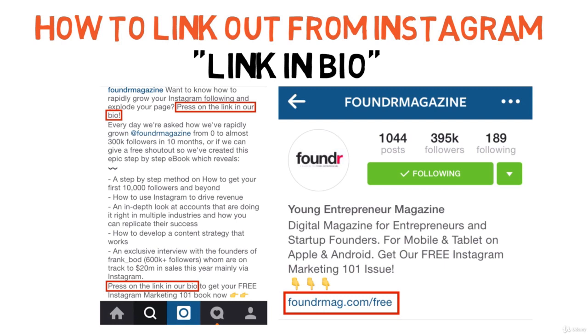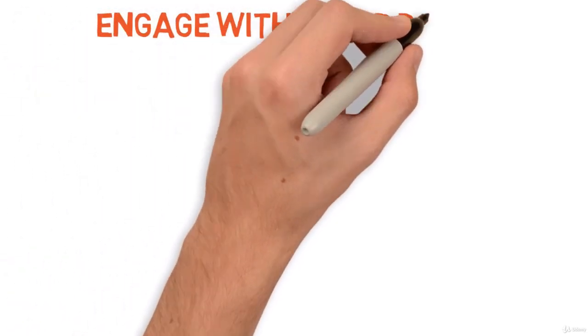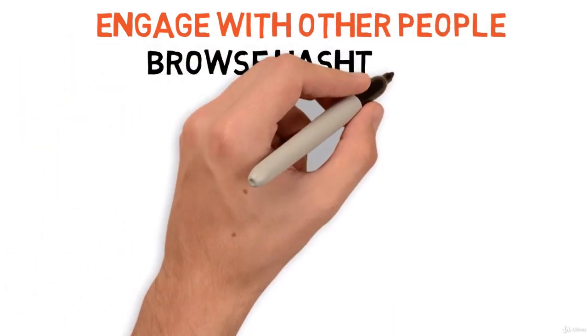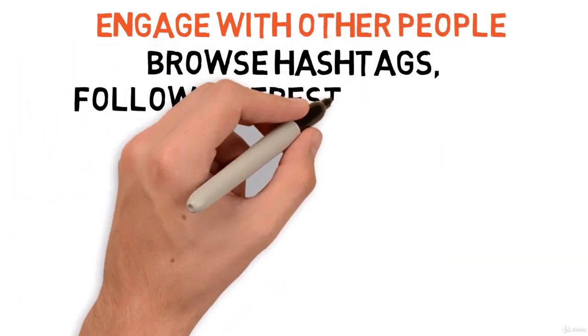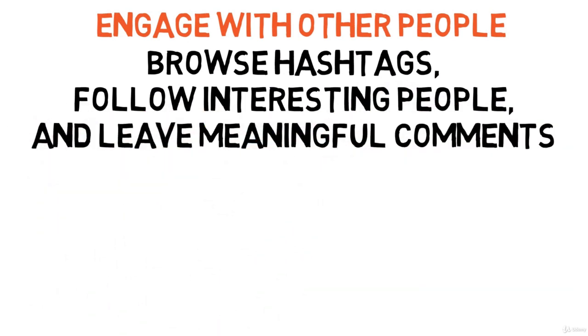In terms of growing your Instagram account organically, the best way to do that is by engaging with other people. Spend time every day browsing hashtags that are relevant to your industry. Follow interesting people and leave meaningful comments. The key word here is meaningful. A lot of people approach Instagram growth in a really spammy way, just indiscriminately following and liking and leaving one-word comments. That's a bad strategy.